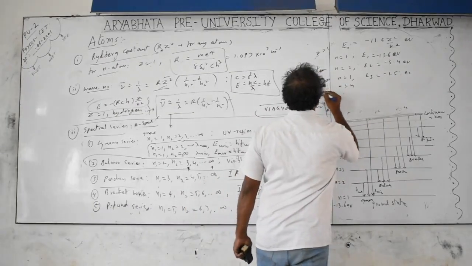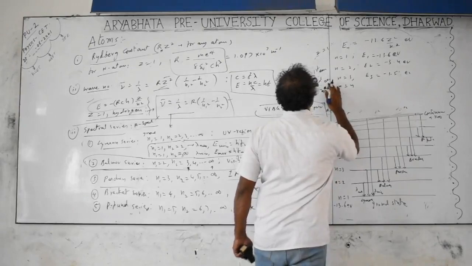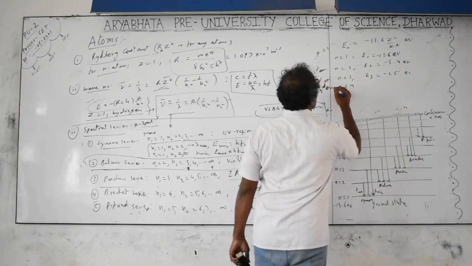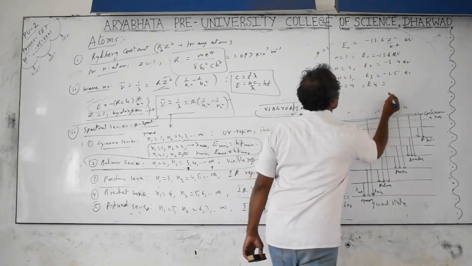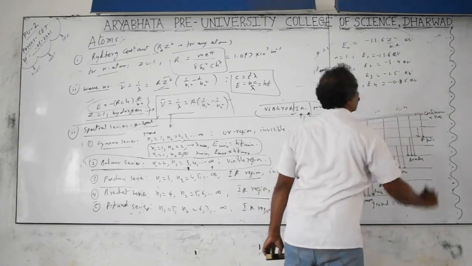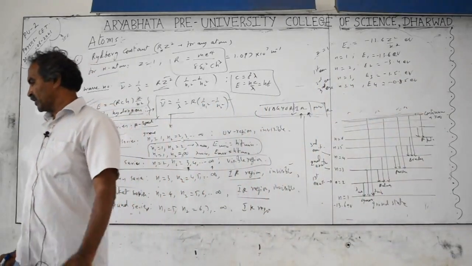N equal to 4 is the third excited state. E4 is equal to minus 0.85 electron volts. You can calculate that value.